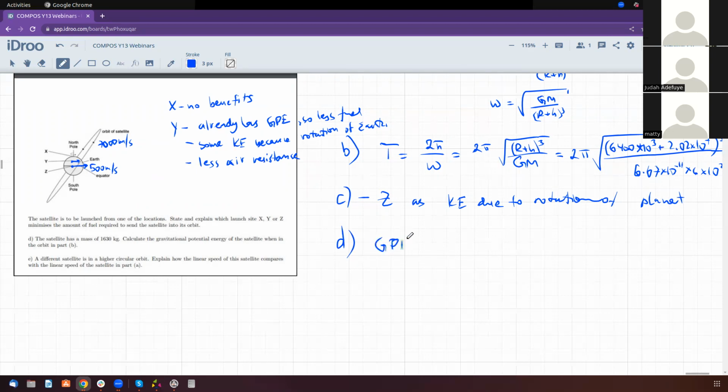So GPE is equal to minus GM over R plus H. Yeah, this is the formula, and I'm sure you can calculate it. It's going to be negative.